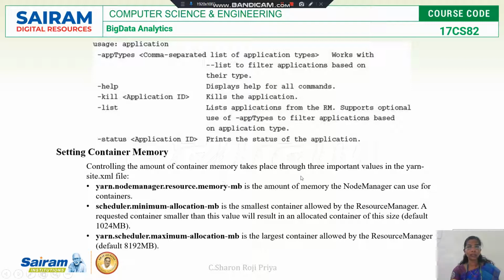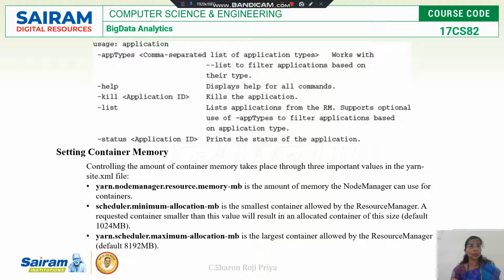So we have three important values. The first is the Yarn node manager resource memory, the amount of memory the node manager can use for containers. So the specified amount of memory I can use for containers.